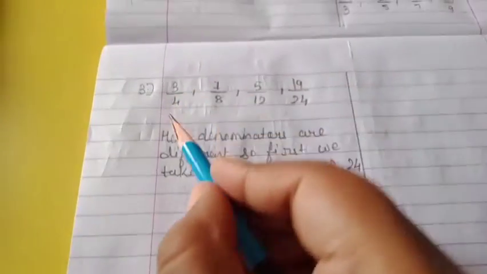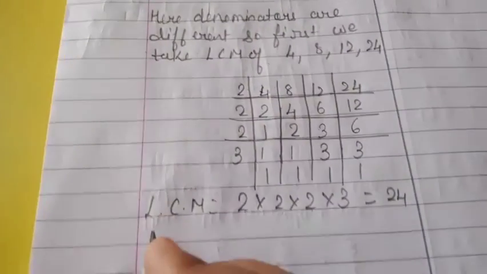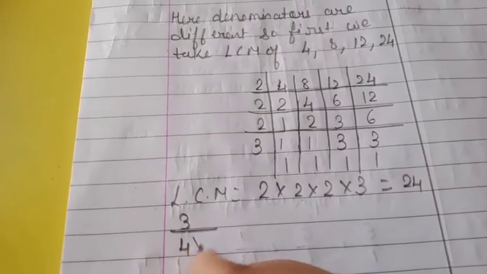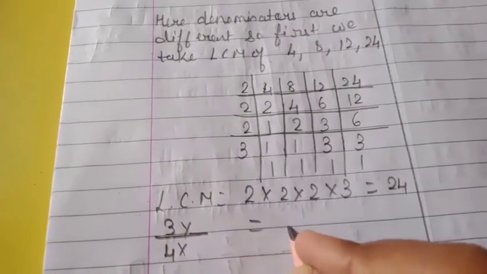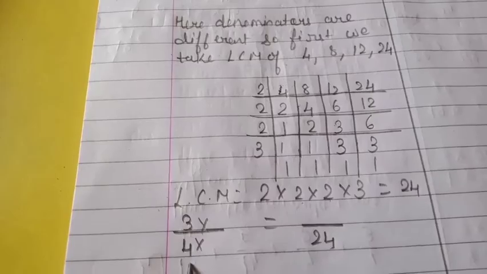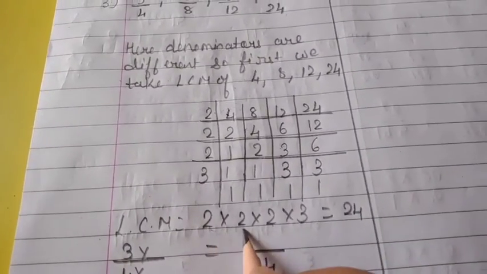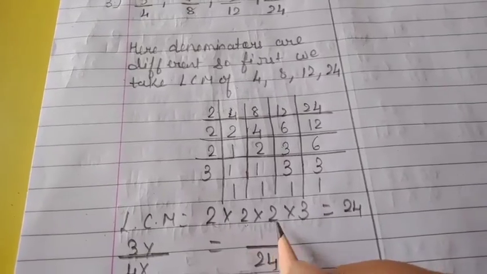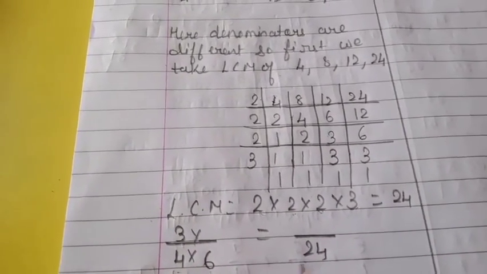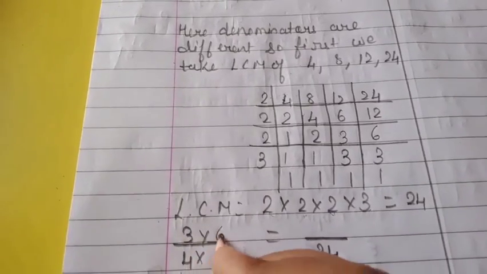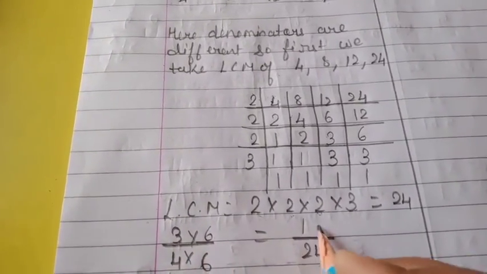Now the first fraction is 3 upon 4. We want denominator 24. With 4, what will we multiply to get 24? See, 2 2s are 4, so the remaining number we take is 3: 2 3s are 6. So we will multiply by 6. 4 6s are 24, and in the numerator also we multiply: 3 6s are 18.